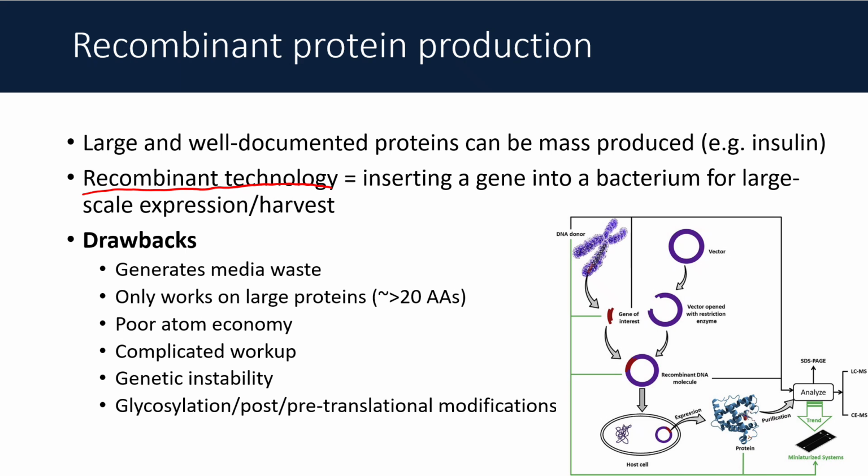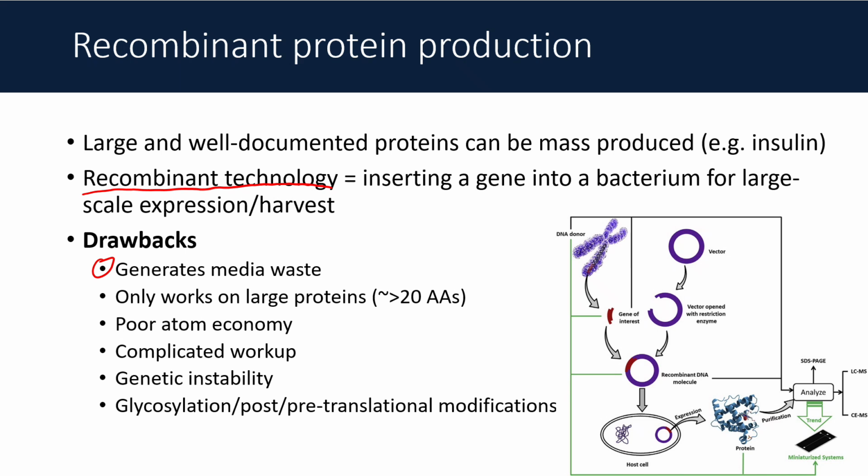There are, however, many disadvantages to recombinant technology. Okay, it's not like you give a plasmid to the bacteria and it goes ta-da and starts bleeding insulin for you. There are many practical issues here. First of all, large volumes of bacterial culture are required for mass scale production, and that's going to result in a lot of media waste with every single batch.